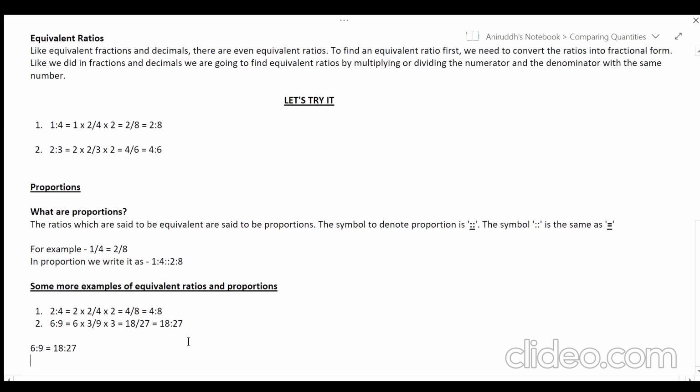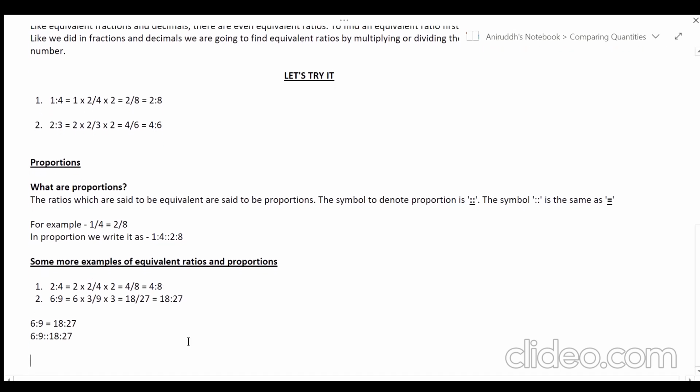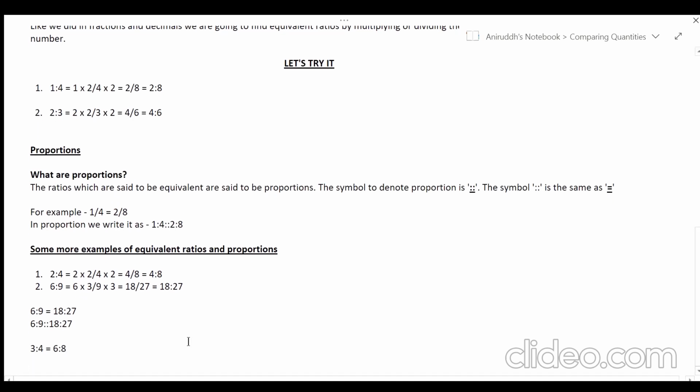So in proportion we write it as 6 is to 9 proportionate to 18 is to 27. Now one more example. 3 is to 4 is equal to 6 is to 8. So we write it as 3 is to 4 proportional to 6 is to 8.